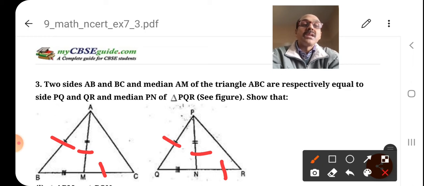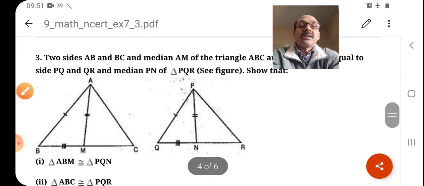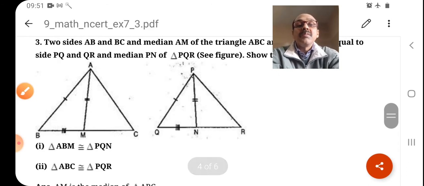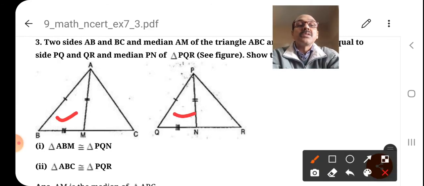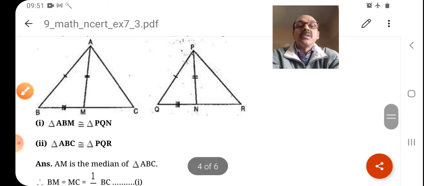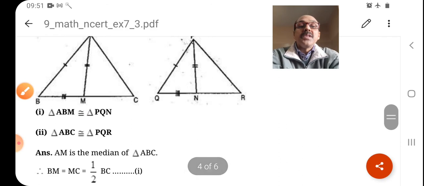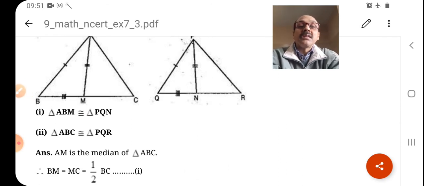So these sides are equal, so that triangle ABM is congruent to this triangle, and the full triangle ABC equals triangle PQR.